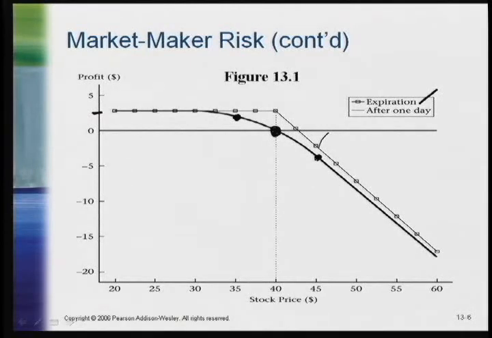Conversely, if the stock price dropped to $35, the market maker would see an immediate profit of about $2, because with that drop in stock price, the call option would drop from $2.78 to only about 78 cents. So that's the risk that the market maker is worrying about, and it wants to contemplate hedging.